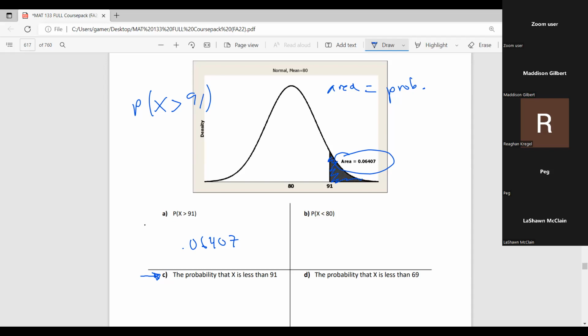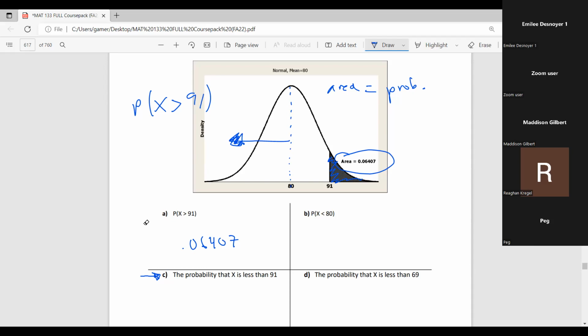You know the entire area is equal to 1. So if I shaded the whole thing, that's 1. What do you know about the area below the mean? How much area is here? Come on, guys, talk. You know it. Or type.